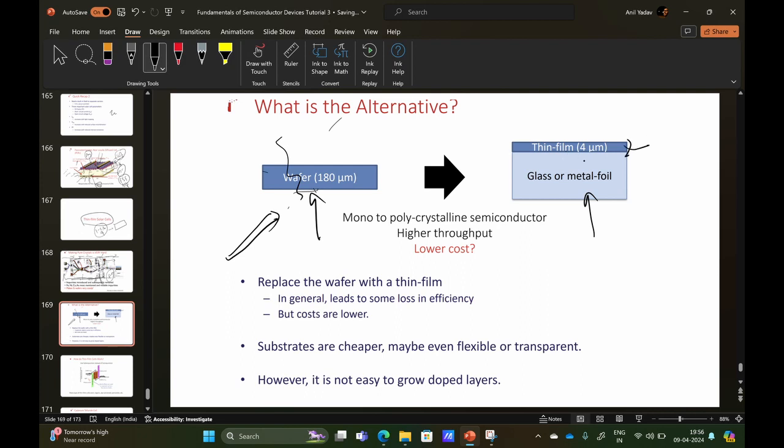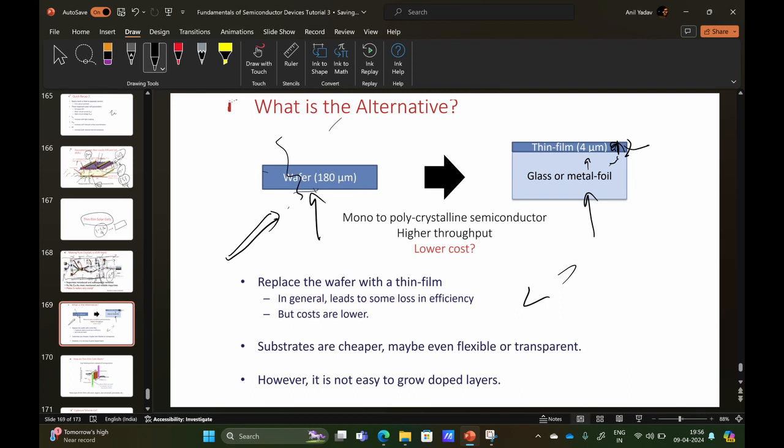This is around 4 micron only, which can absorb the whole intensity of the light in this much thickness only. So we are going towards that to make it more cost effective.